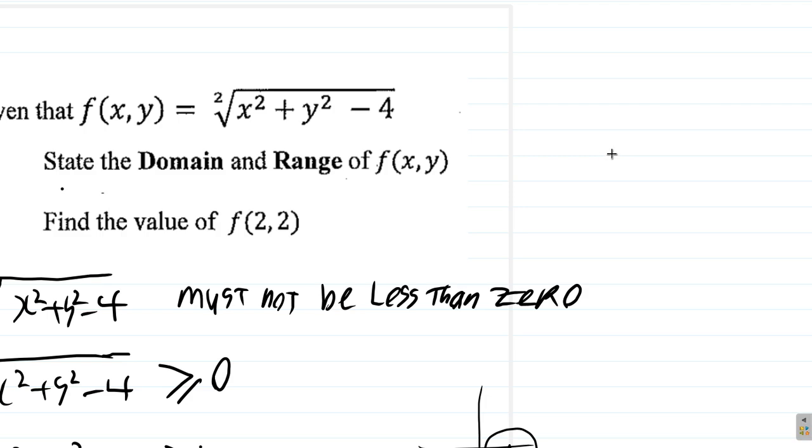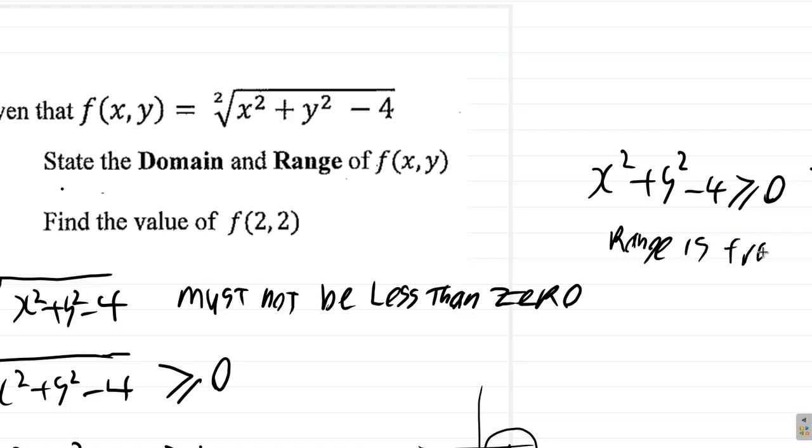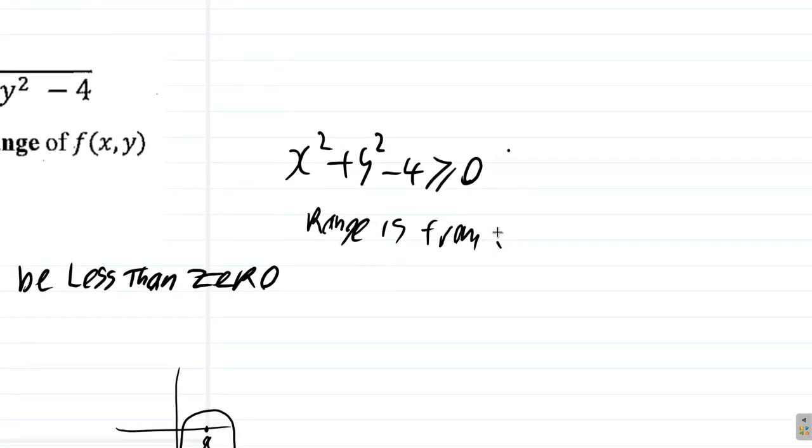Well, a while ago, you had it that x squared plus y squared minus 4 is greater than or equal to 0. That means the smallest number is 0. So the range goes from 0 to where? It has to be more than 0.